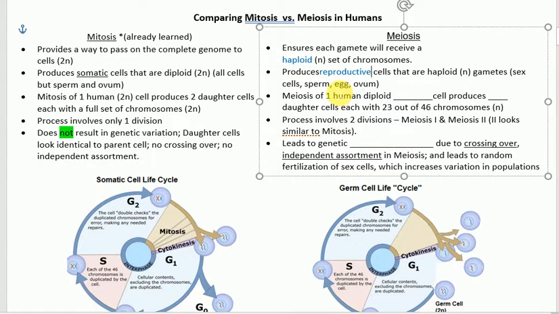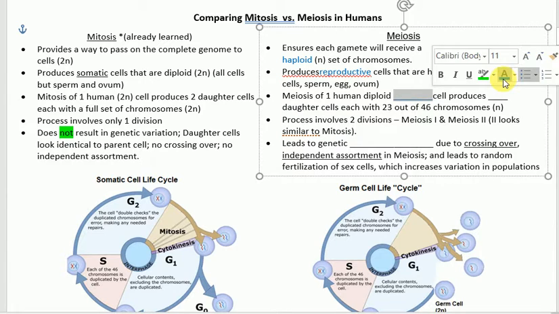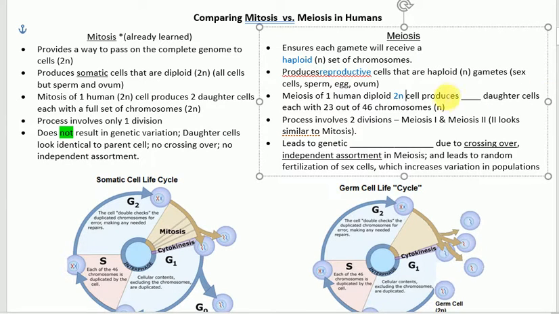Make sure you're familiar with those terms, obviously. Meiosis of one human diploid 2N cell is going to produce 4 daughter cells. And each of those 4 daughter cells will have 23 chromosomes out of the original 46.